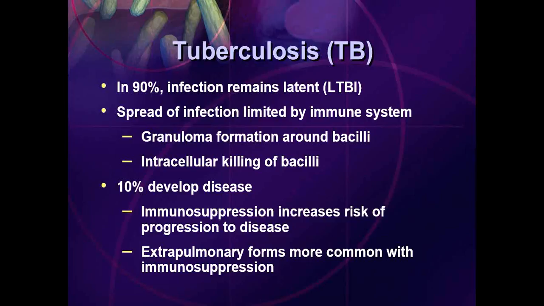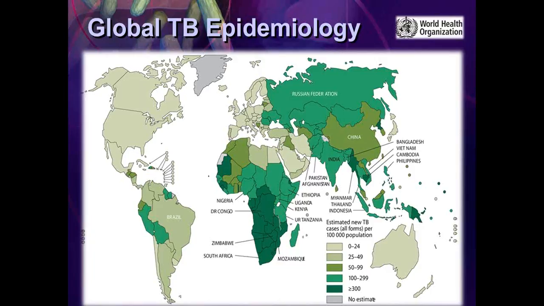It's just not very active. And for 10% of these individuals, this becomes a problem sometime later in life. So again, 90% have no problem, and the infection remains as latent TB. But again, in 10%, patients will develop disease, and we all know immunosuppression increases the risk of progression to disease. And when we're talking about immunosuppressed hosts, certainly extrapulmonary forms of TB are much more common in immunosuppressed individuals than they are in seemingly immunocompetent individuals.